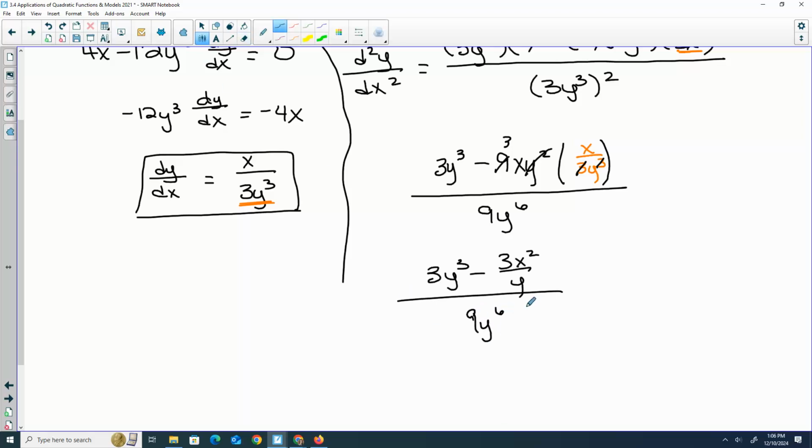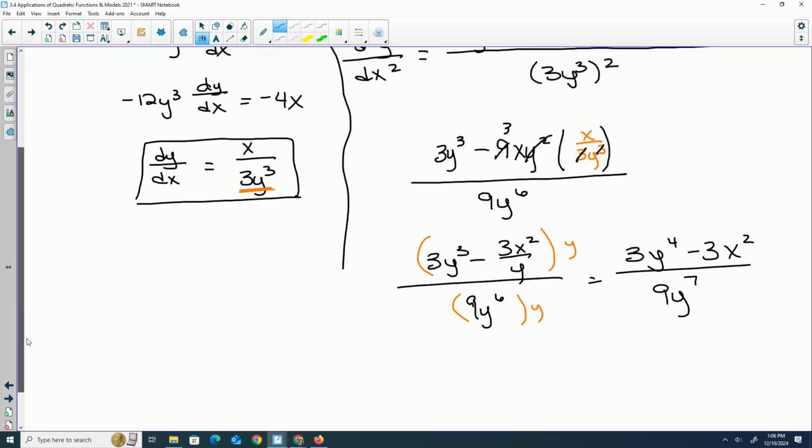Cancel out your 3. Divided by that 3. So if I multiply y, 3y to the 4th times 3x squared over 9y to the 7th, we can do one more thing. Yeah, 3. Everything's divisible by 3.